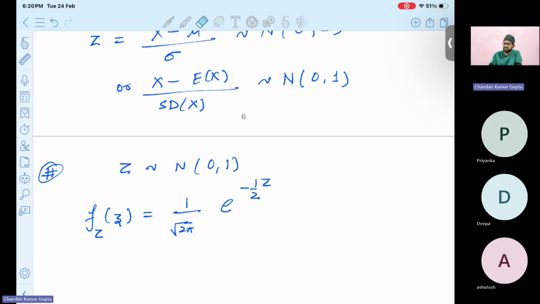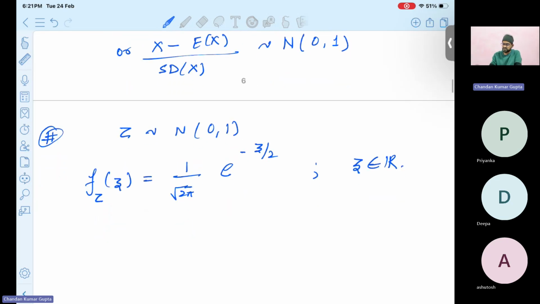So it is e to the power minus z squared by 2. This is the PDF for the standard normal variate. Here there is no mean and no variance, only the random variable z. And z belongs to R. Since there is no mu and sigma squared, this is the PDF for the standard normal variate.